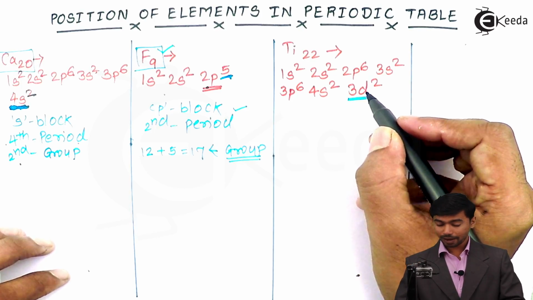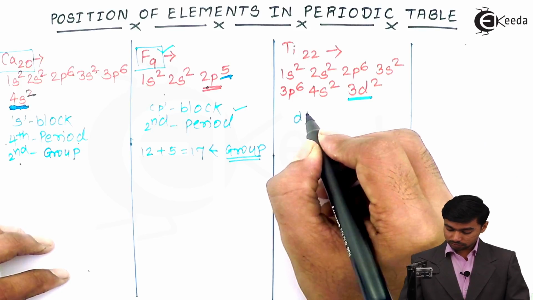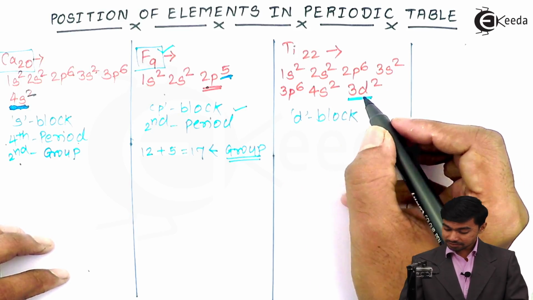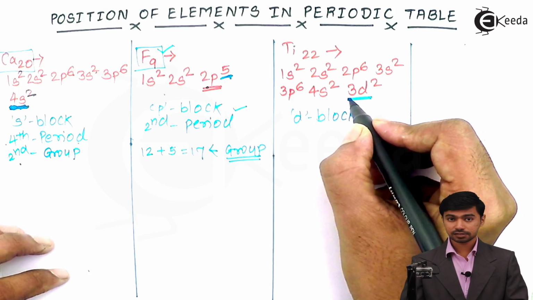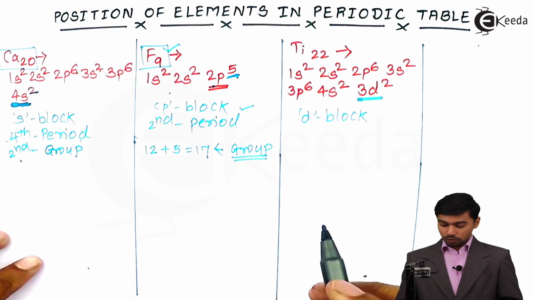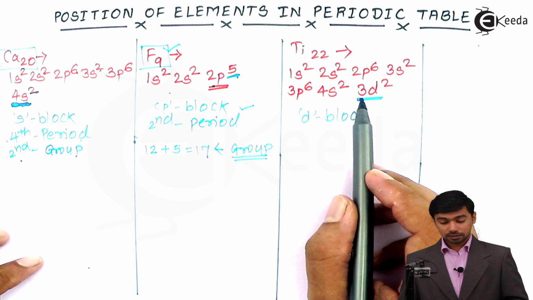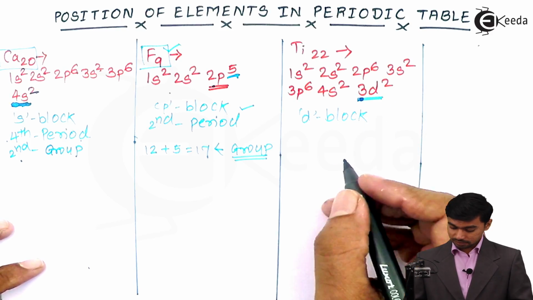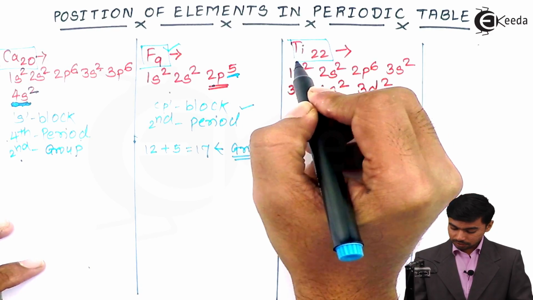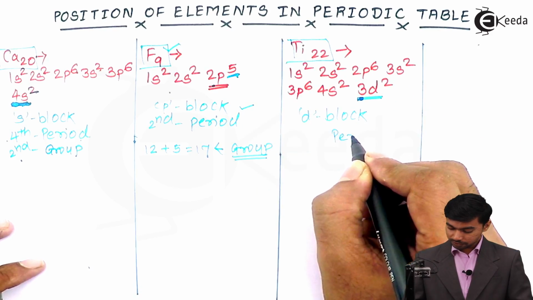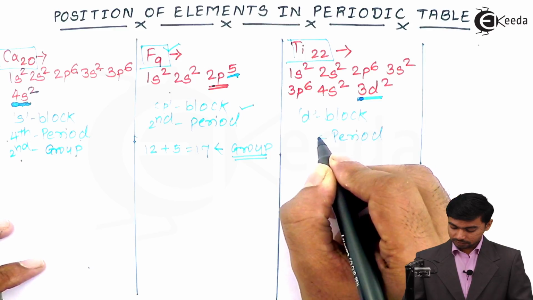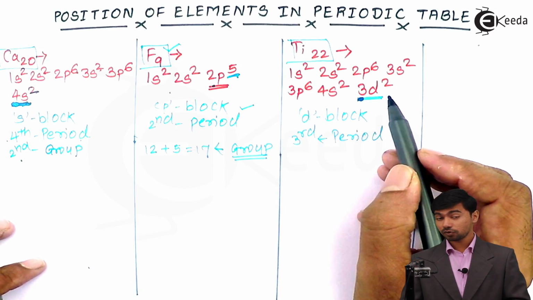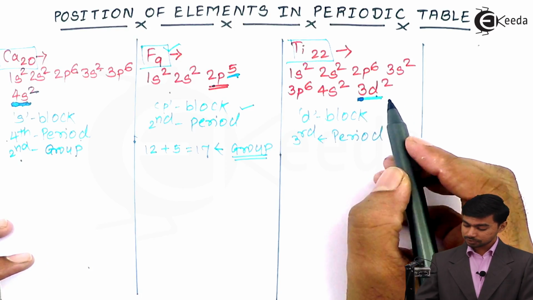As it is occupying the d subshell, this is a part of the d block. The number before the subshell is 3. So what is this 3? As this 3 is before d, which period does titanium belong to? Obviously, it belongs to the third period, because the number 3 is before the subshell, and d is the subshell, so d block.